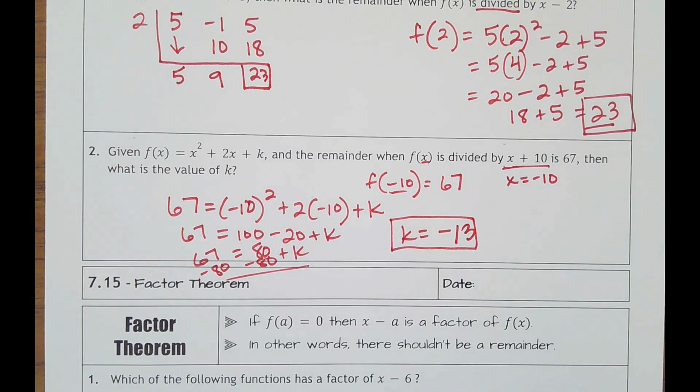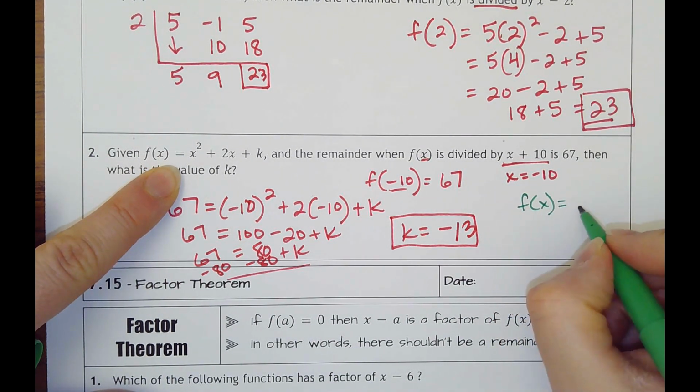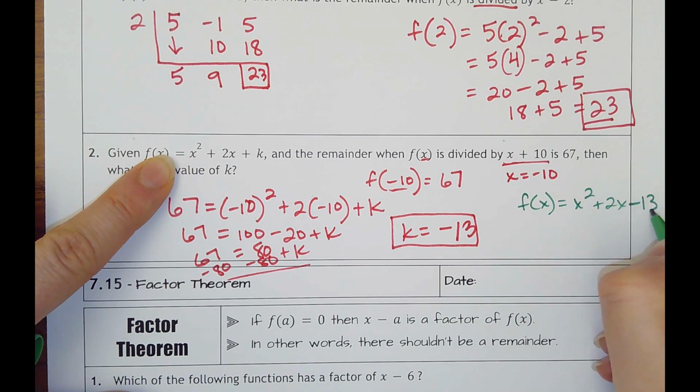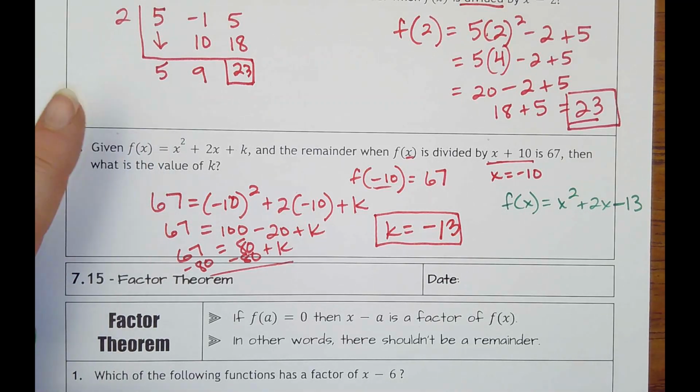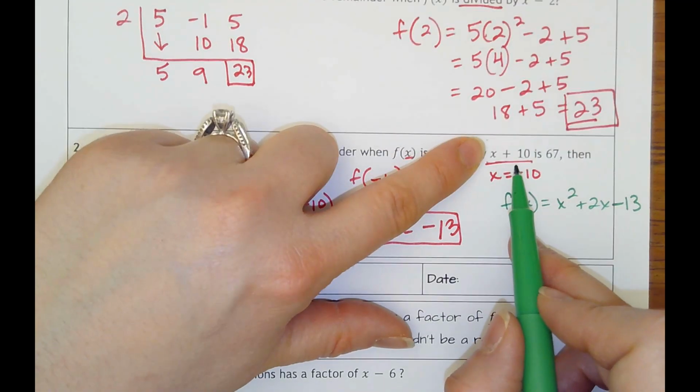So what that means is if I had this as my function, x squared plus 2x, then my k is a negative, so I'm going to put -13. If I had that as my function to begin with, and I said, what is the remainder when it's divided by x plus 10?